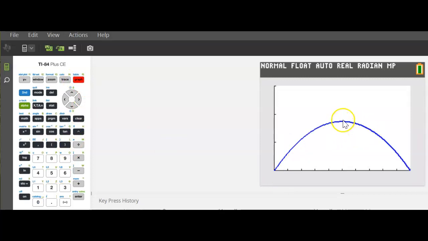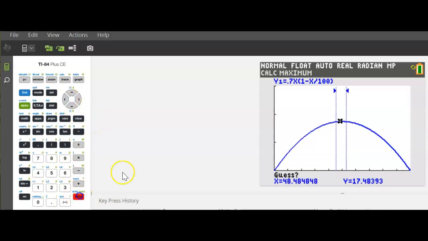Let's look at where the maximum is occurring. So the maximum is occurring at 50, 17.5. Remember, our input variable was P, the population.